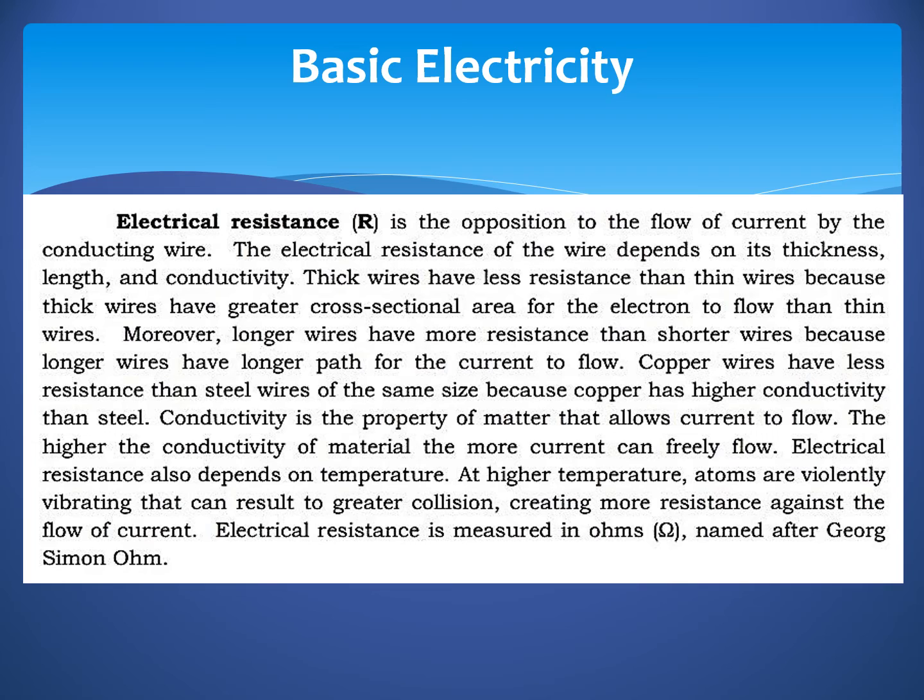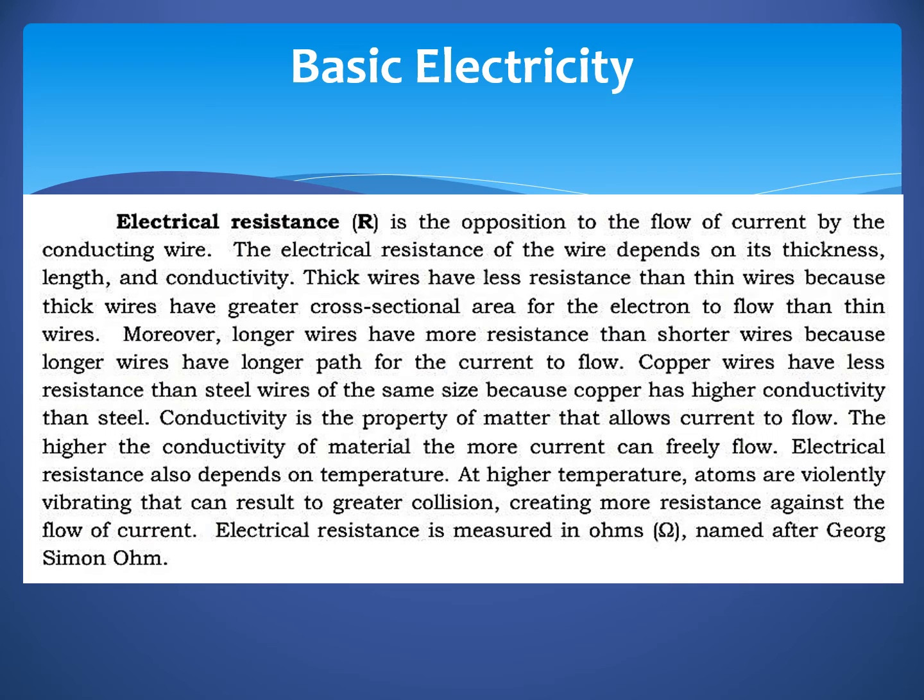Thick wires have less resistance than thin wires because thick wires have greater cross-sectional area for the electrons to flow than thin wires. Moreover, longer wires have more resistance than shorter wires because longer wires have a longer path for the current to flow. So that's a very clear explanation.